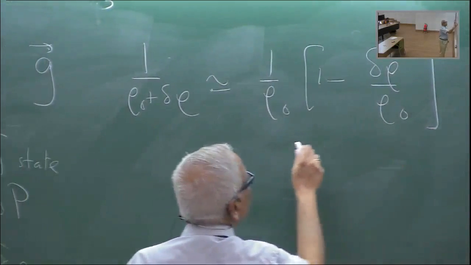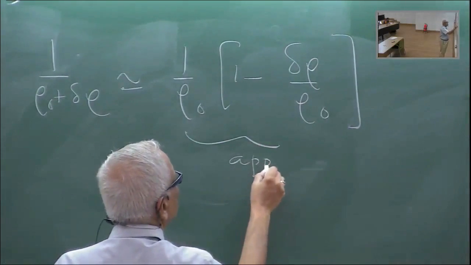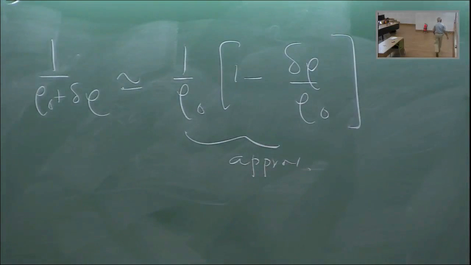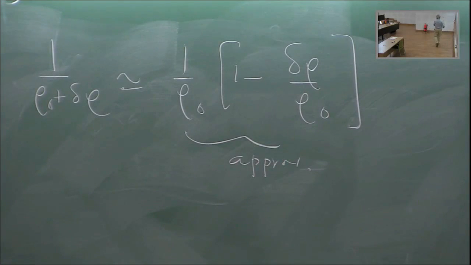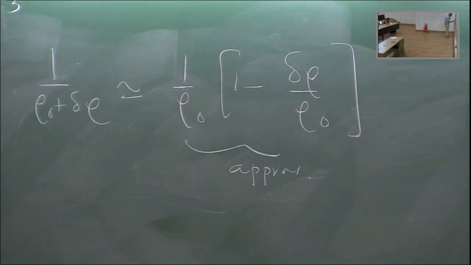This is the approximation, the dot dot dot that I had written down for you: delta rho over rho 0 is small enough so that I can linearize in delta rho. So that is the point.